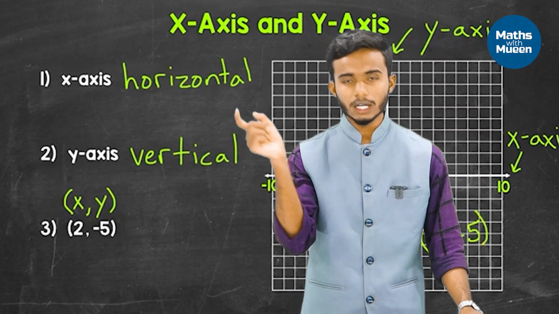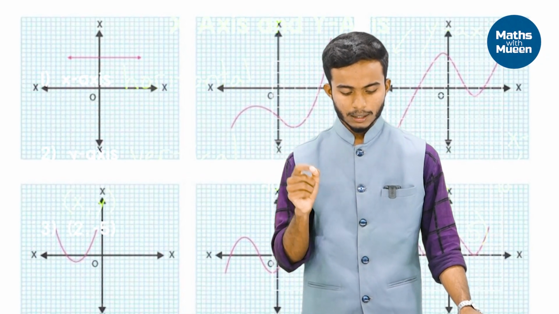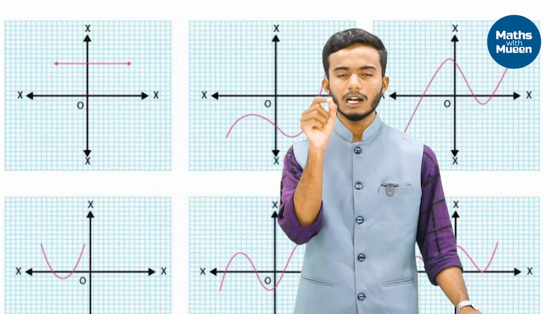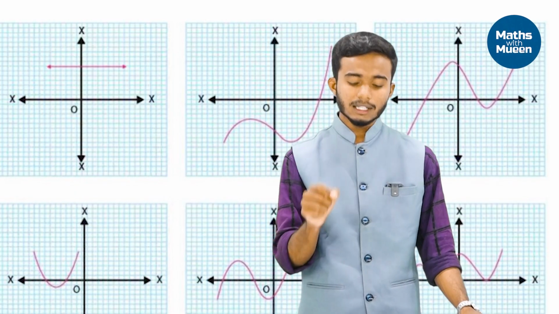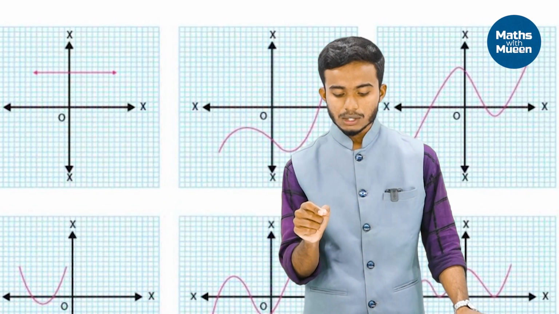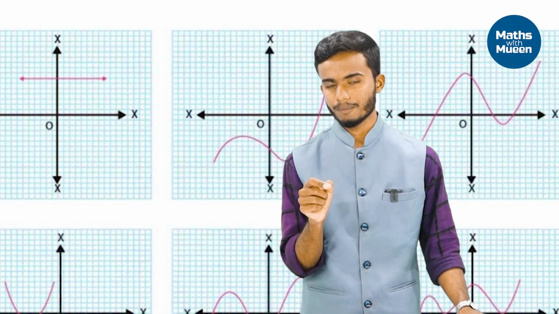Okay, now look at this graph. In the first option, they have given a graph with one line straight, parallel to the x-axis. They are asking to find the zeros of p of x by seeing the graph. Yes or no?